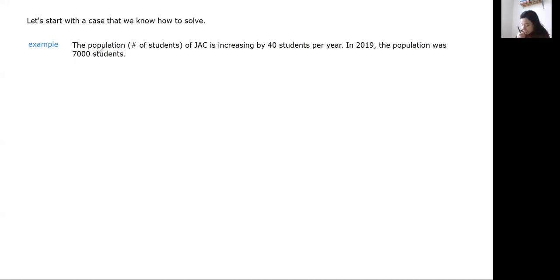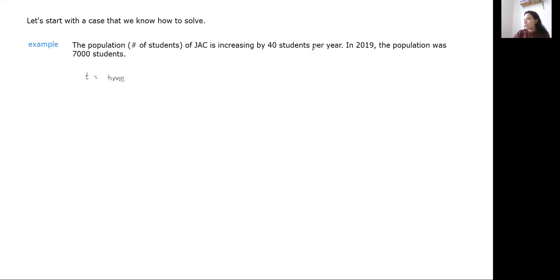And the second thing that I'm going to have is the second quantity, which is the population that depends on the time. So the number of students as a function of the time, right? So my variables are going to be t, which is time.